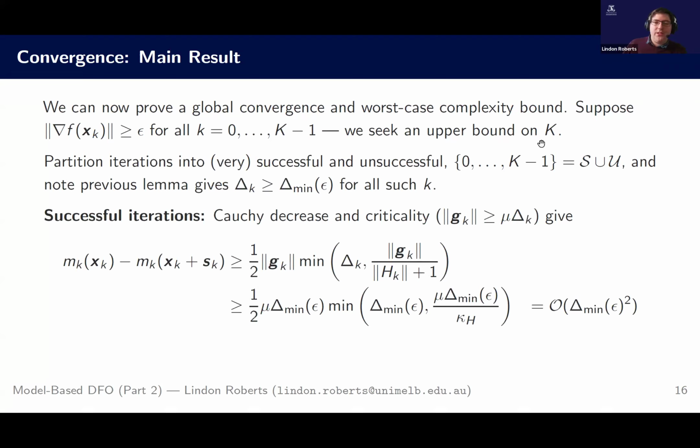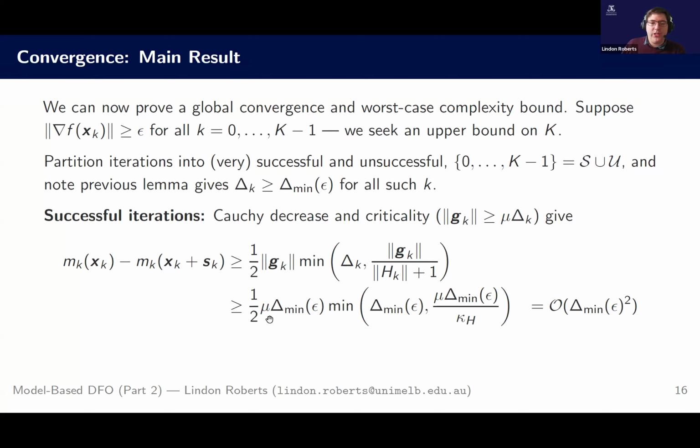Okay, so first let's look at the number of successful iterations. So how big can that possibly be? Well, we've got our Cauchy decrease and our criticality check. So that says that, for every iteration, but in particular for successful iterations, the decrease in our model is at least our Cauchy decrease condition. Now, delta is bounded below by delta min, because that's what we know from our previous lemma. But the criticality check says that everything with a norm of g in here is also bounded below by something to do with delta.